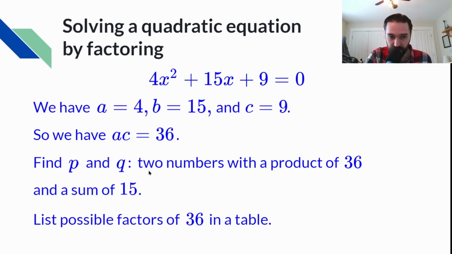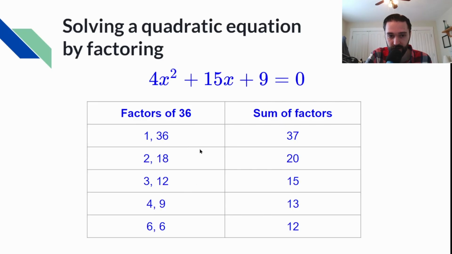To find those two numbers, we're going to list the possible factors of 36 in a table. Here are the possible factors. Well, actually, this table is incomplete. Also, these numbers have negative versions, -1 to -36, that would give you positive 36.